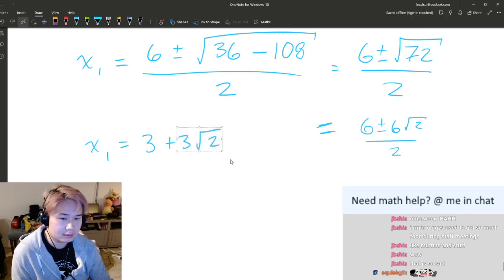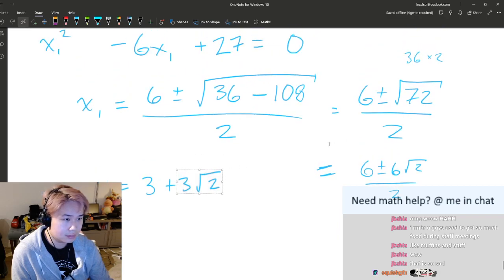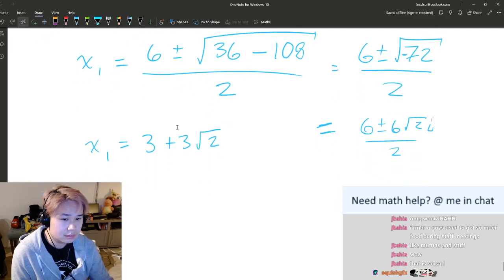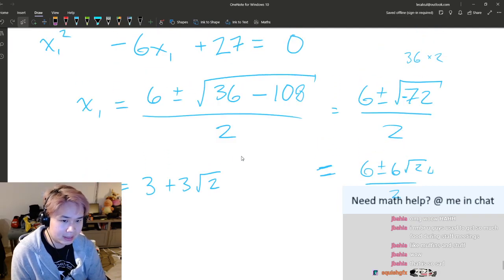Oh, actually, whoops, this is negative, so then there's an i here. And then this you can rewrite as root 18.